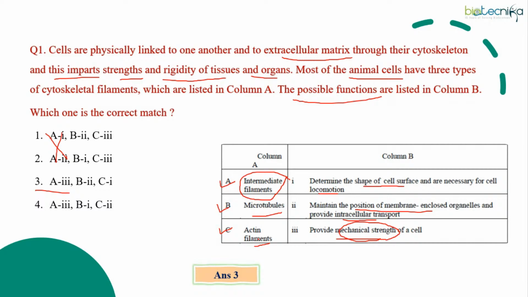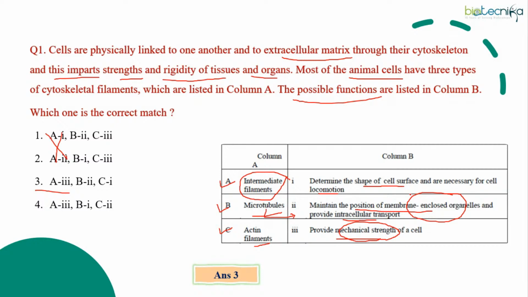Next, you need to filter out between microtubules and actin filaments. Always remember, another unique feature of microtubules is that they are responsible for positioning the membrane enclosed organelles. No doubt, whether you take microtubules or actin filaments, both are involved in movement.